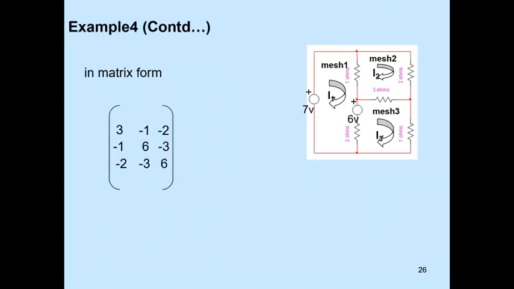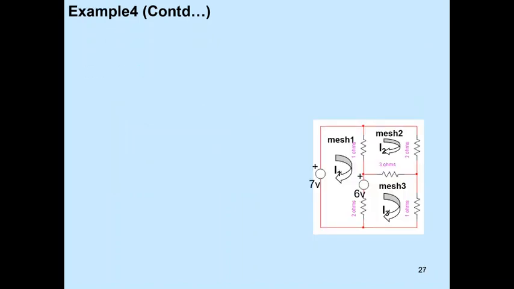So we can write the matrix form from these equations: 3, minus 1, minus 2, and from the second equation minus 1, 6, minus 3, and the third equation minus 2, minus 3 and 6, into I1, I2, I3 is equal to 1, 0, 6. The impedance matrix Z into the current matrix is equal to the voltage matrix.